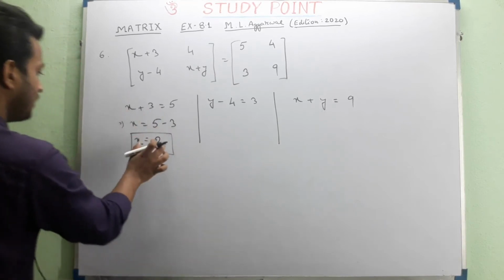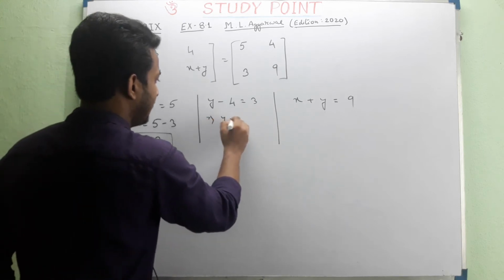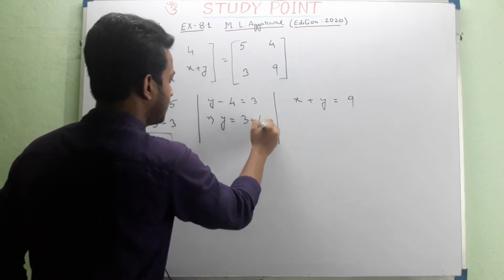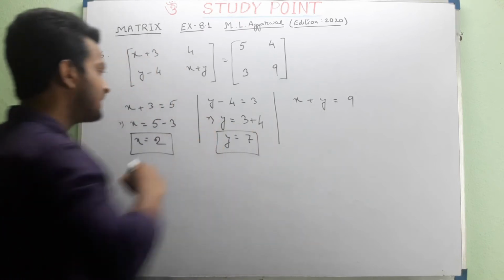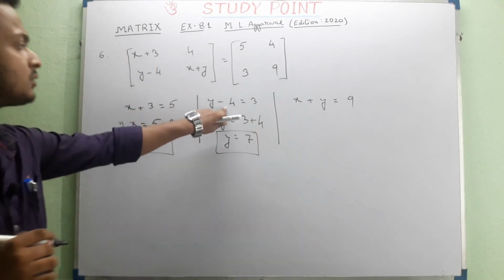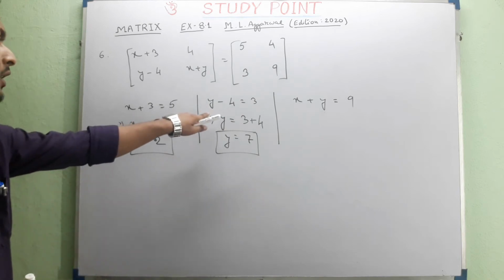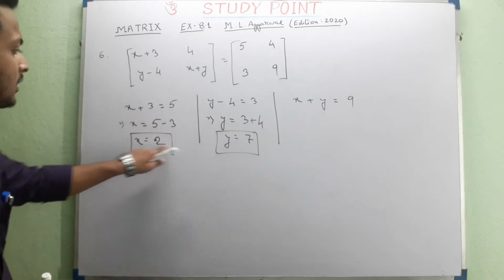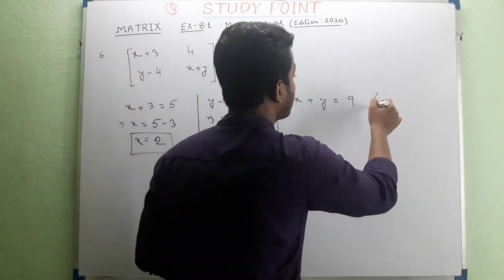From this term we get the value of x, that is 2. Now for this it will be 3 plus 4, that is 7. As these two equations contain only one variable, x and y, by solving these two only we have got the values of x and y. We need not use this formula.